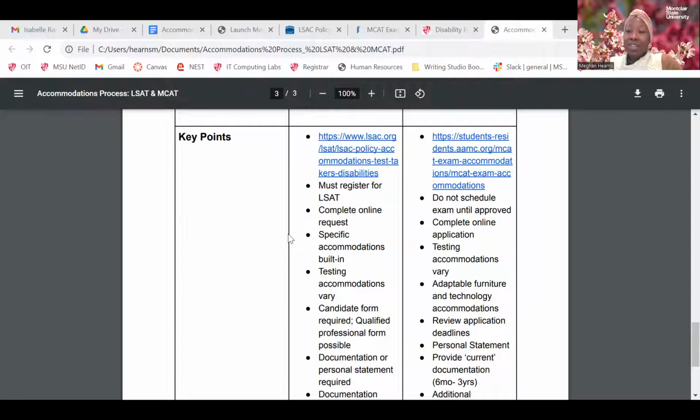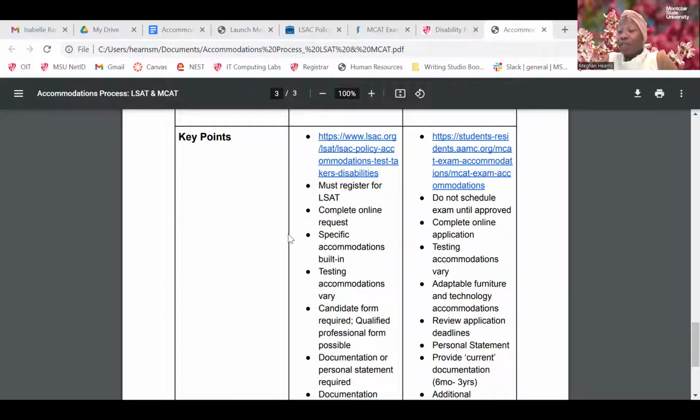Your requestable accommodations will vary based on the documentation and specifically that diagnosis. However, it will be limited to testing, so additional time, breaks, things of that nature.